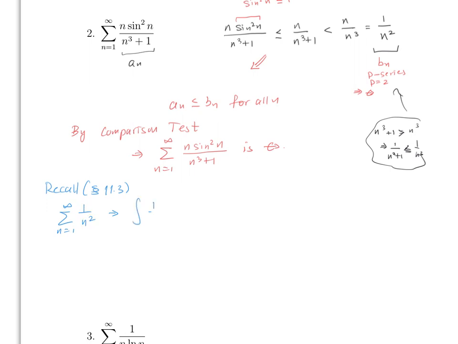Then the integral of 1 over x squared from 1 to infinity is equal to negative 1 over x, evaluated from 1 to infinity, so it will be 0 minus negative 1, which is 1. So this is less than infinity, so that implies it is convergent. And this is actually true for any exponent that is more than 1. If it is less than or equal to 1, it's actually divergent.